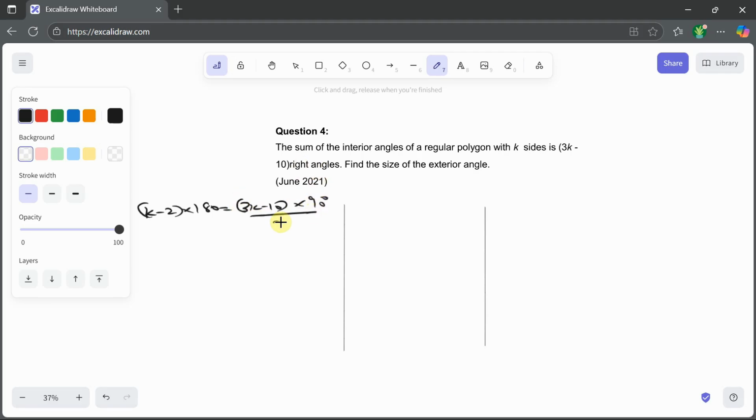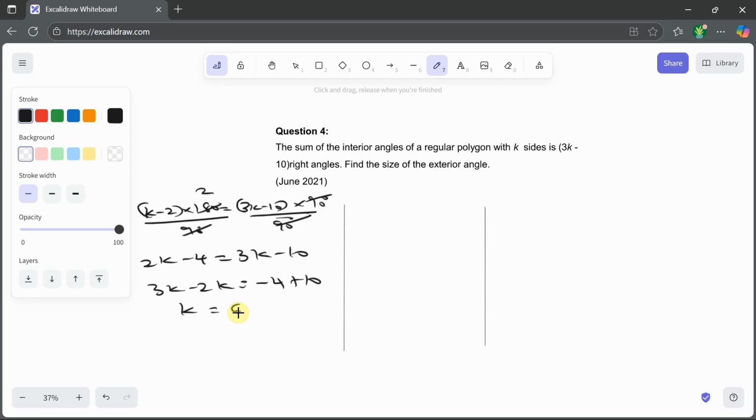If I divide both sides by 90 degrees, this will cancel, this will give me 2, and if I open this bracket, this will be 2k minus 4 is equal to 3k minus 10. So if I collect like terms, that will be 3k minus 2k, and if I carry this to the other side, that will be minus 4 plus 10. So our k is equal to 6. That means that the number of sides that we have is 6.